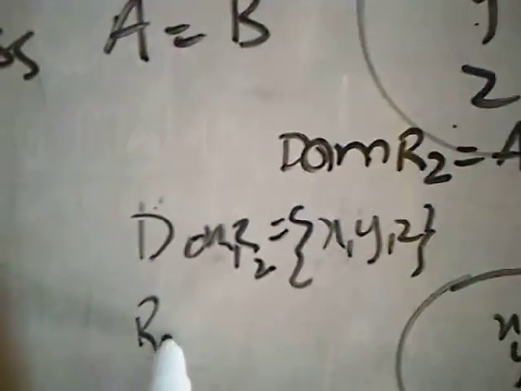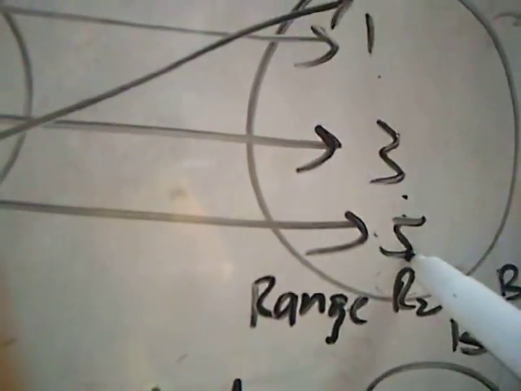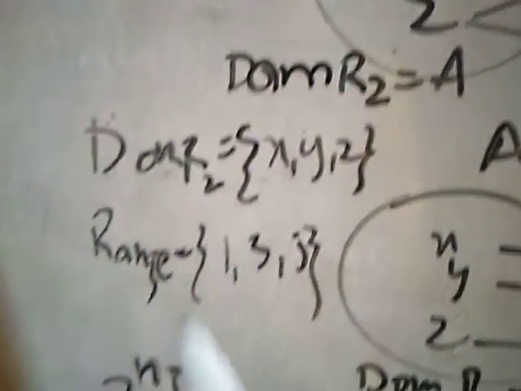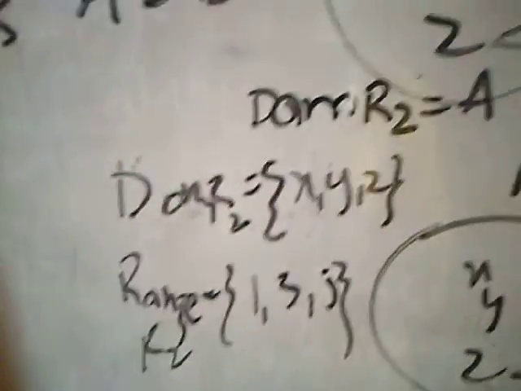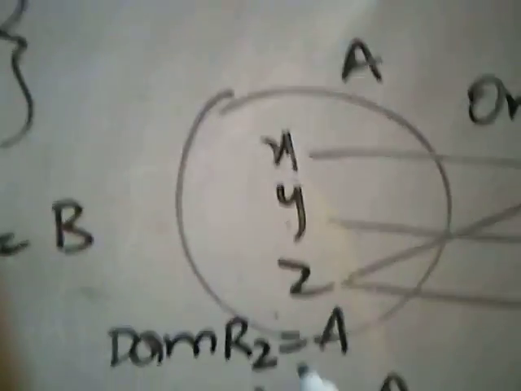And what is the range? 1 is mapped, 3 is mapped, and 5 is mapped. So 1, 3, 5 is the range of this R2. Since the domain of R2 is equal to set A, x, y, z, this relation R2 is a function.